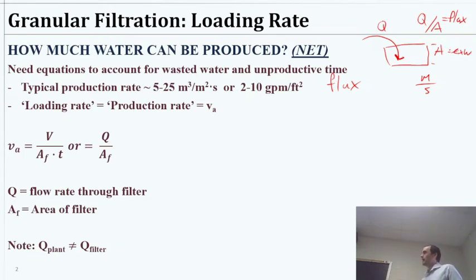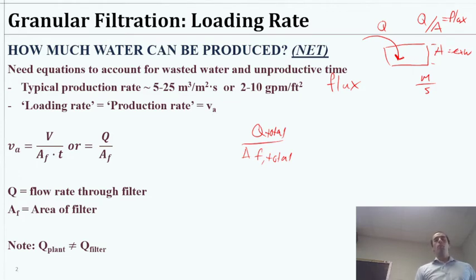Maybe at the end of the day, if you wanted to know if all filters were running all at the same time, could you produce enough water? You could say, okay, well, all of the filtration area is here, we'll say AF total, and we'd have Q total. And then we see if our loading rate is satisfactory for that.